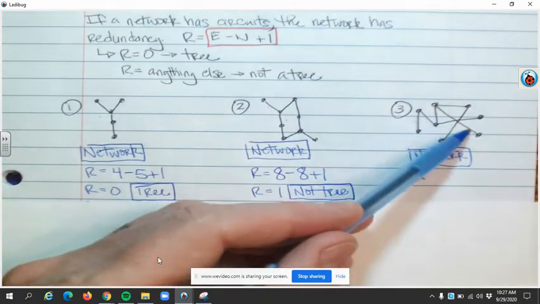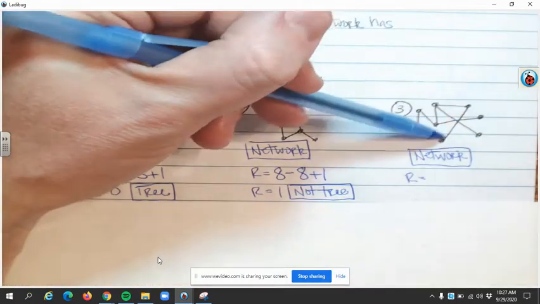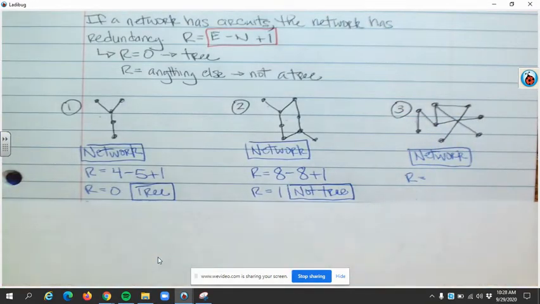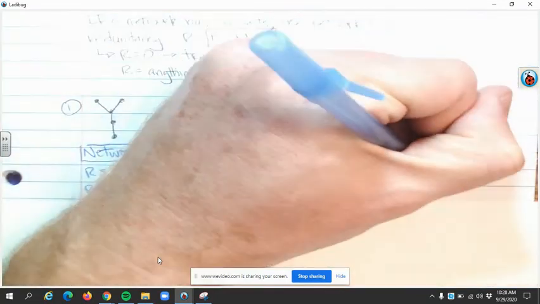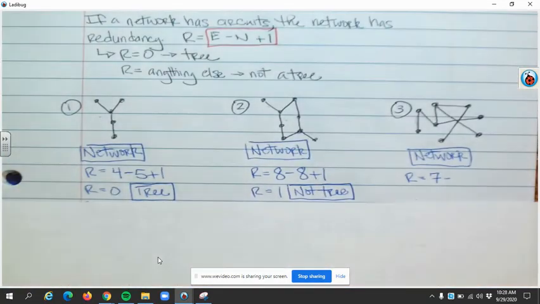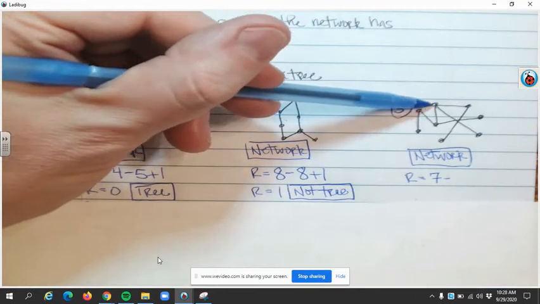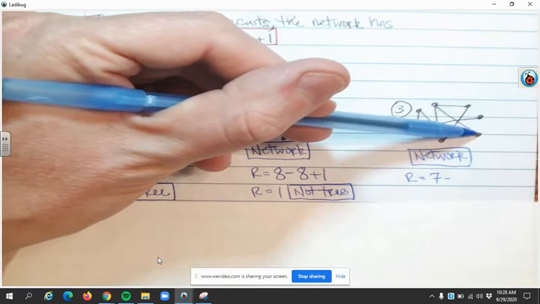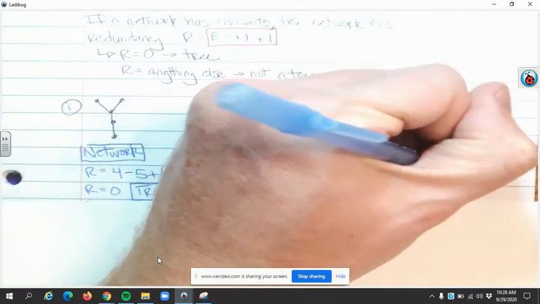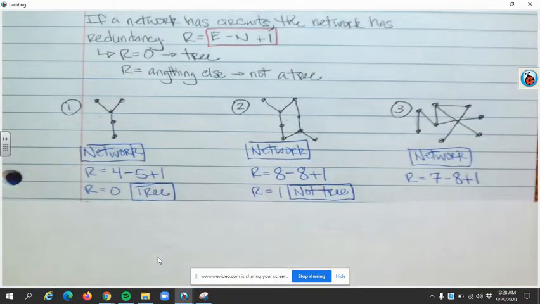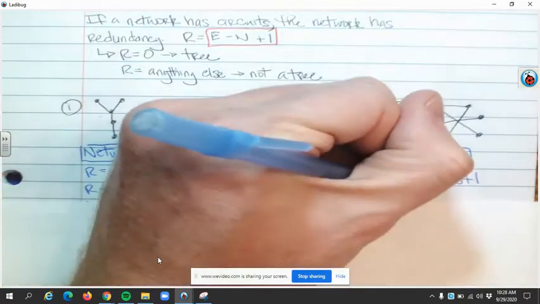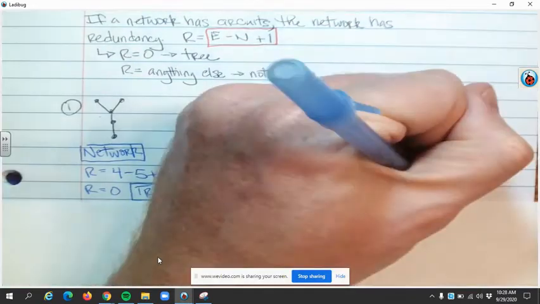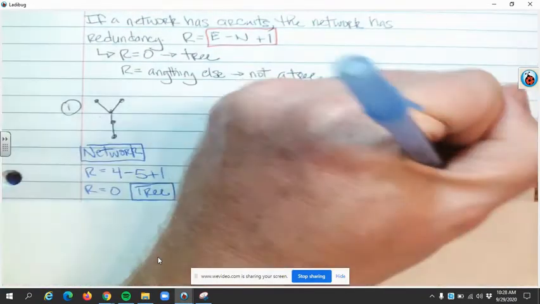This is 5. This one is 6. This one is 7. So I have 7 edges. Minus vertices, I've got 1, 2, 3, 4, 5, 6, 7, 8. Edges minus vertices plus 1. So my R value is 7 minus 8, which is a -1, plus 1 is 0. The R value is 0, it means it is a tree.